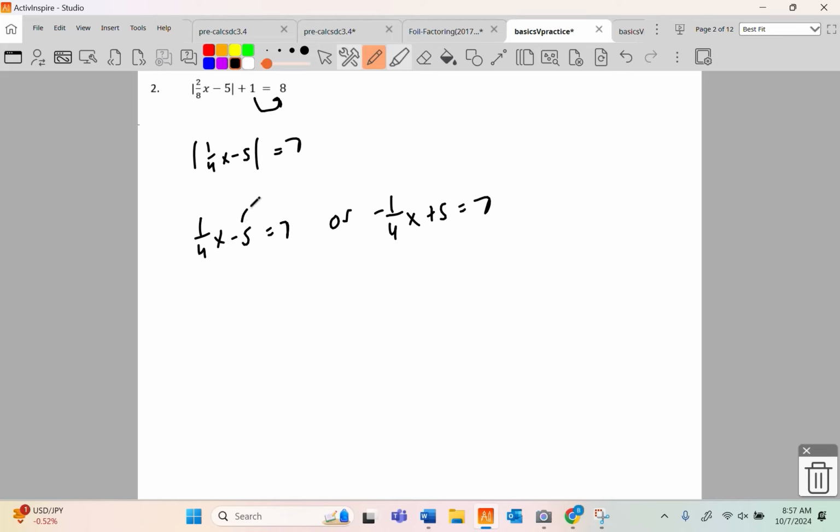Anywho, do easy stuff first, kids. If I add 5, I get 12. If I take away 5, I get 2. So 1/4 of x is 12, or negative 1/4 of x is 2. The opposite of dividing by 4 is to multiply by 4. 4's cancel. X is 48. Same thing over here.